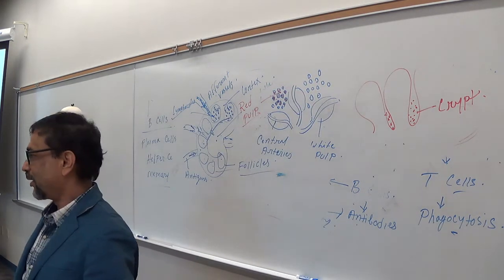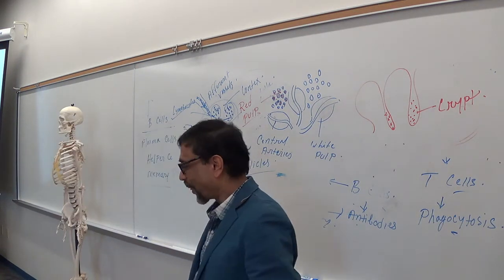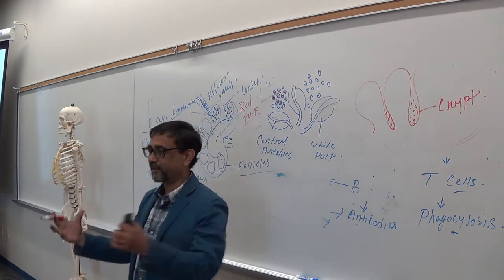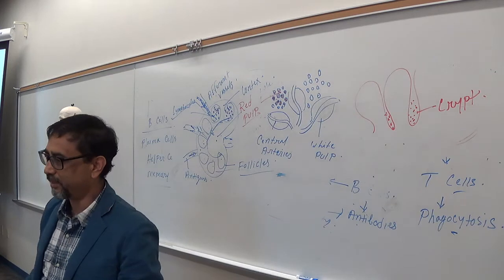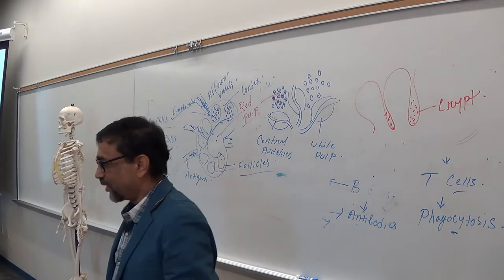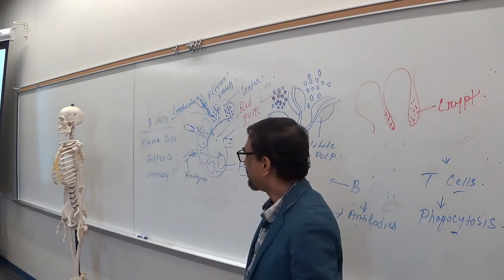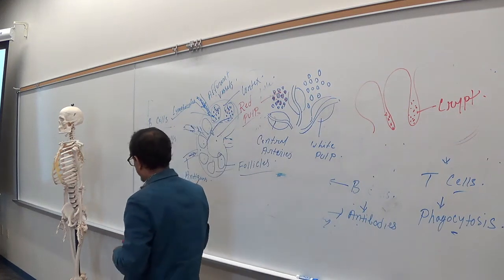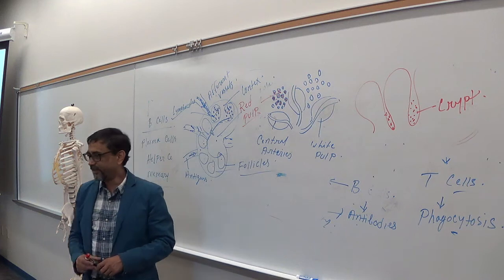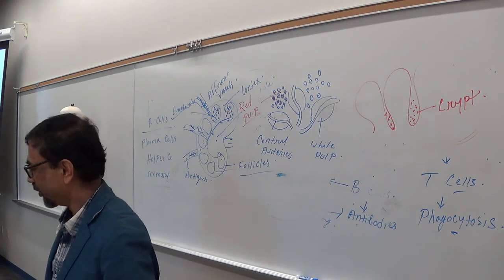In the wall of the small intestine, you have aggregated lymphoid follicles. These structures, many aggregated in the wall of the intestine, and those aggregated lymphoid follicles are called Peyer's patches. Peyer's patches. Inside the appendix, you also have aggregated lymphoid follicles. Those follicles are heavily filled with lymphocytes. You know that.